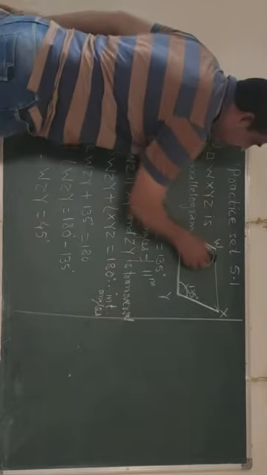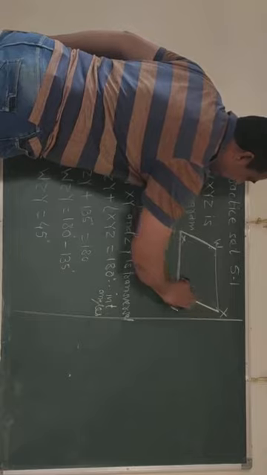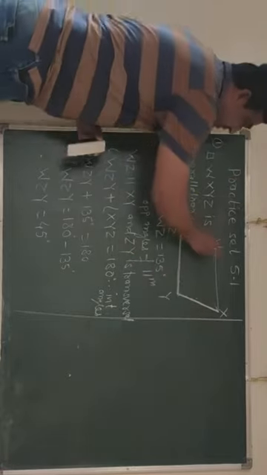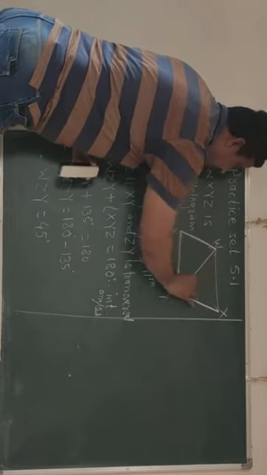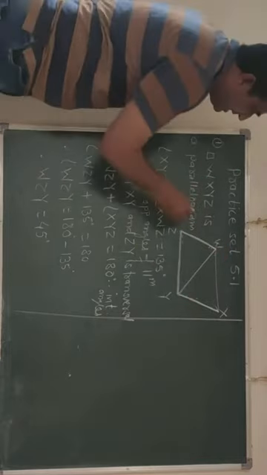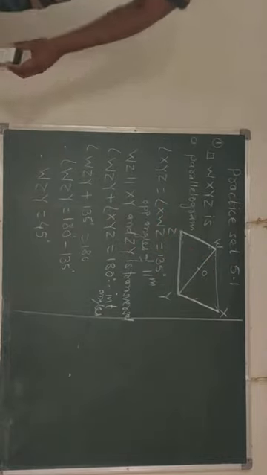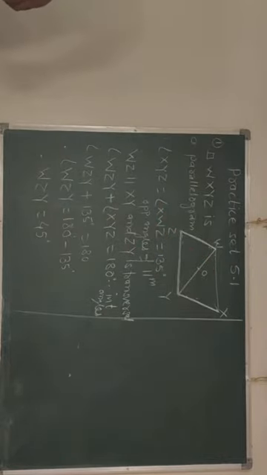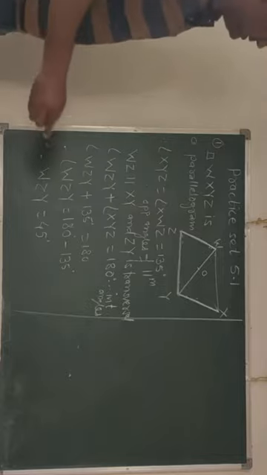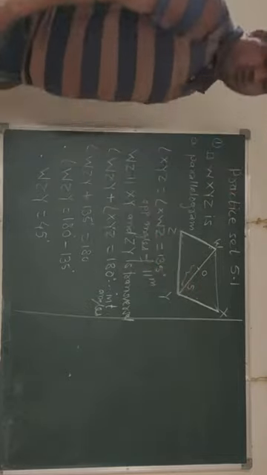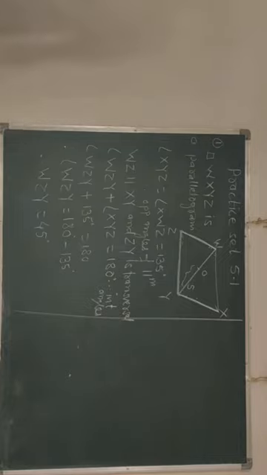Now you are given measurements of diagonals. So here we found the measurements of angles. Now here diagonals intersect each other at this point O. And we are given that OY equal to 5, from that find out WY.